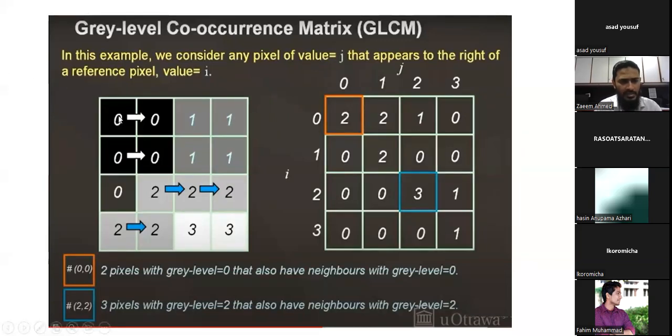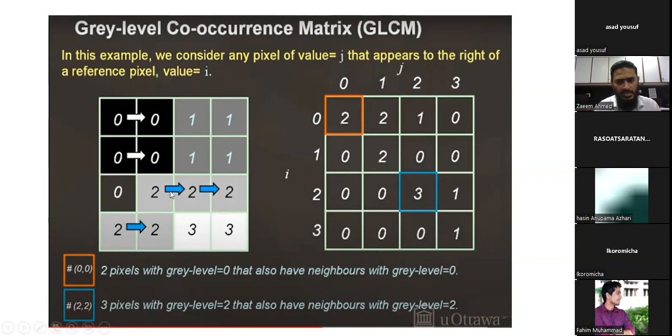For example, the pair of zeros appears twice here, so we just write 2 here. That's how we put the information from the picture element into the matrix.